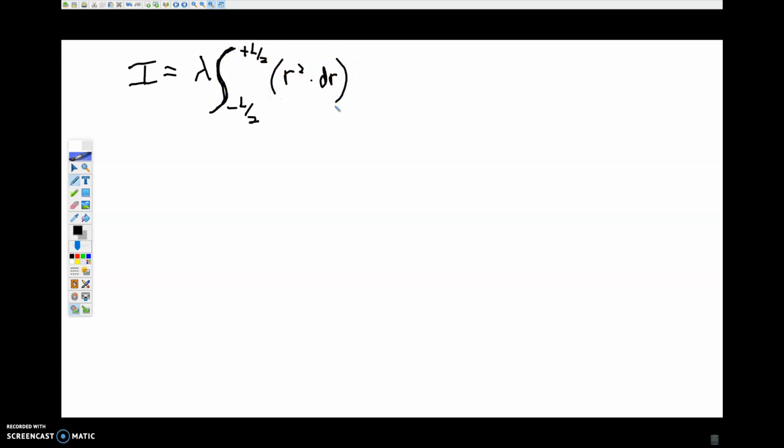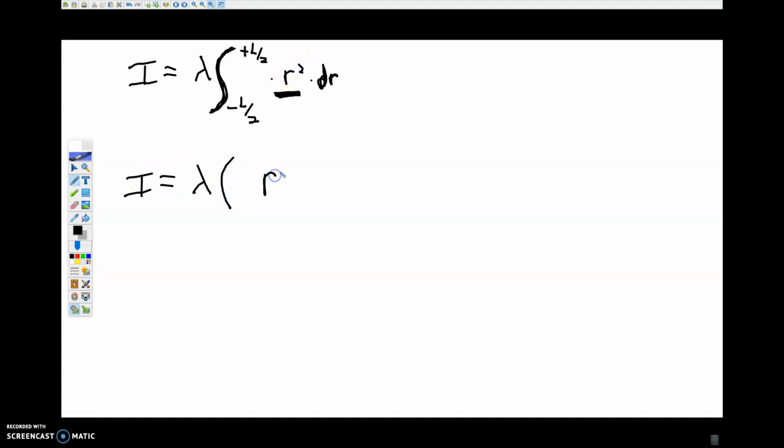But rather than take the sum of these products, we could use the fundamental theorem of calculus, which says that sum can be found by taking the antiderivative of the function that's sandwiched between the integral sign and the dr. So I equals lambda times the antiderivative of r squared.